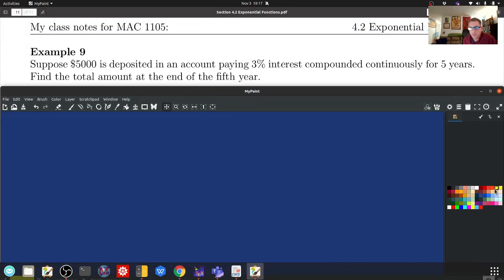So our formula for continuous compounding is A equals P times e, which is Euler's constant, raised to the rt. Now, this may be confusing to you, so I'm going to rewrite it over here. A is my amount, P is my principal, and it's multiplied times e, which is my base, raised to the rt.